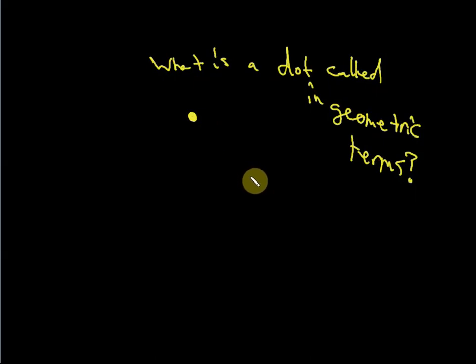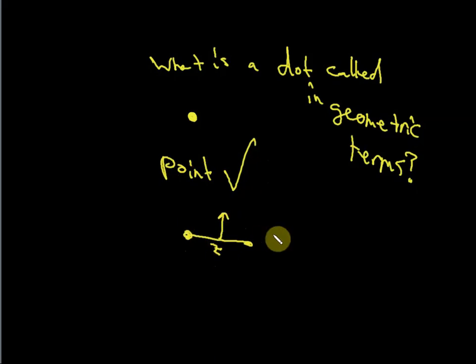You can pause the video, and I'll give you the answer shortly. And if you said point, you are correct. Because in geometry, we always start with the smallest thing, the one-dimensional thing, which is a point. We'll get 2 dimensions when we connect a point, 3 dimensions when we start going 3D, adding the z-axis. So if you said point, kudos to you.